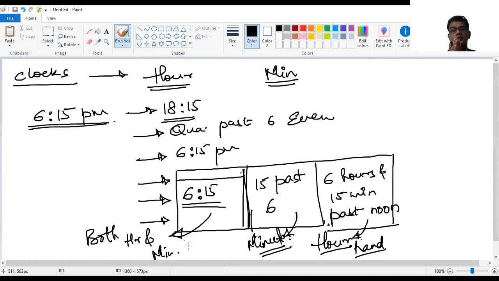So significantly, the movement of the hour hand and the minute hand is divided majorly into three categories. One, where I give importance to both the hands. One, when I give importance only to the hour hand's journey. And one, when I give importance only to the minute hand's journey.